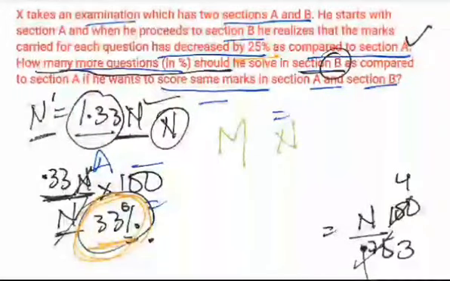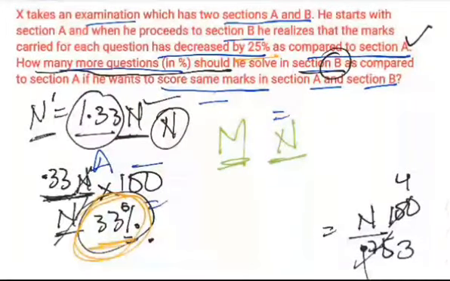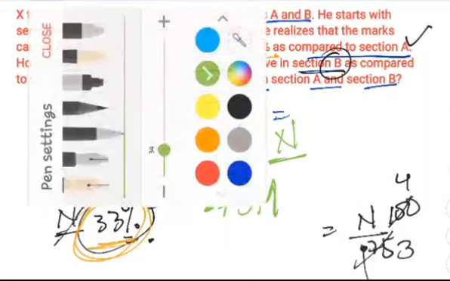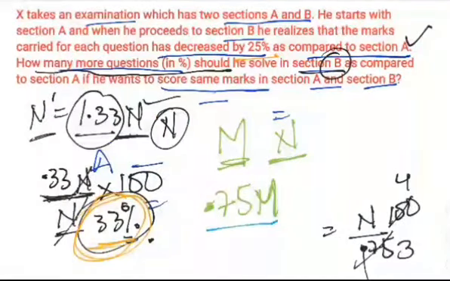If this product M into N has to remain the same, and M is decreased by 0.75 because it has reduced by 25%, so M has become 0.75 M for section B. So N has to become N by 0.75.